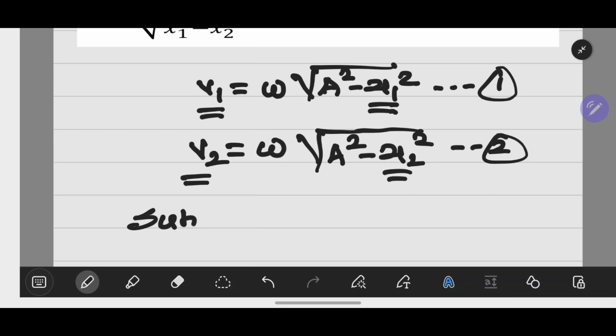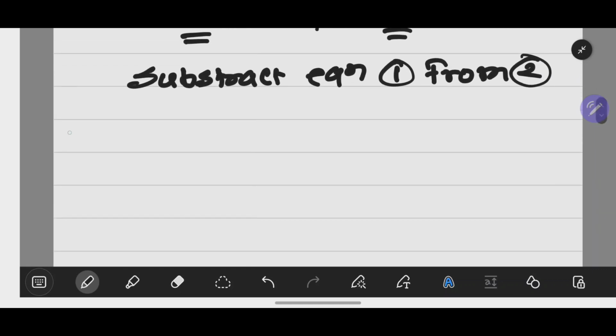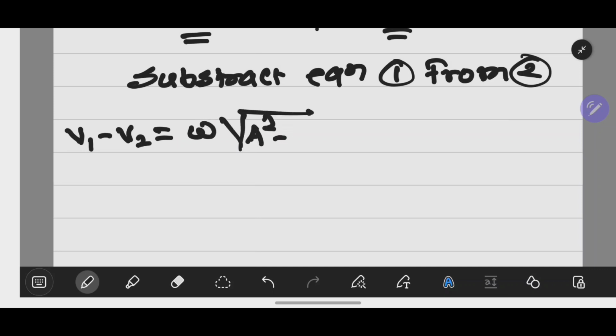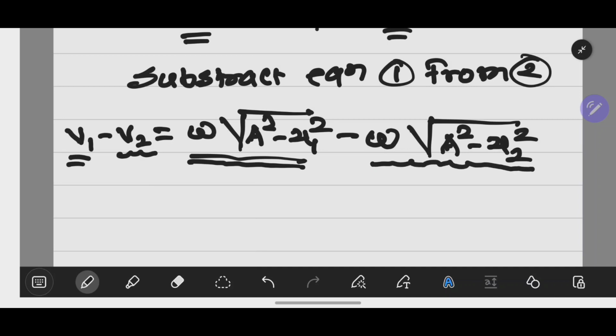If we subtract equation 1 from 2, then v1 minus v2 is equal to omega into under root of A squared minus x1 squared minus omega into under root of A squared minus x2 squared.